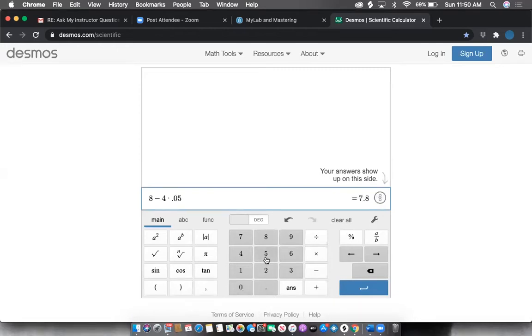And you could use your keyboard, by the way, when you're doing it. Then just press enter.